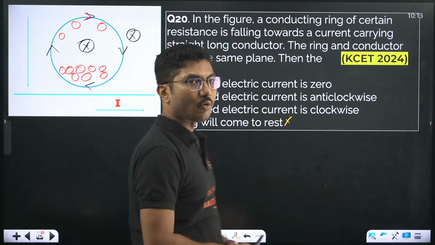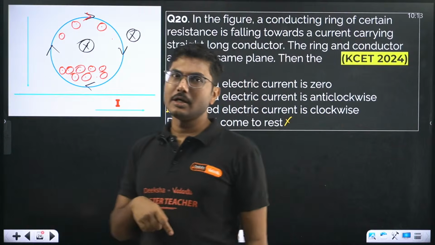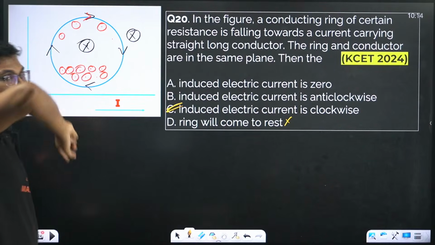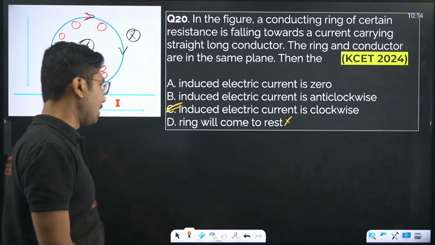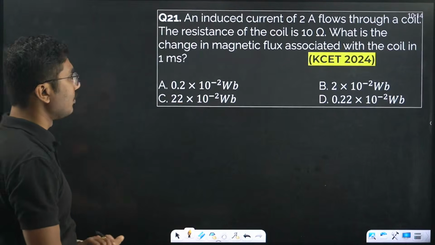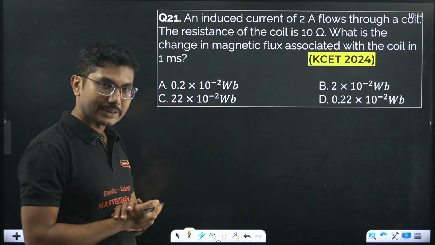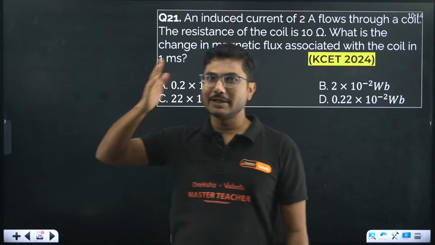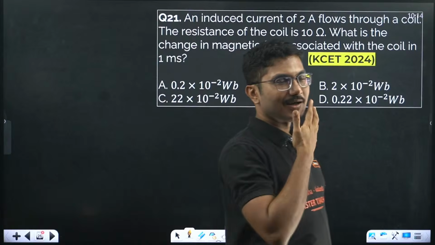Now remember, clockwise means if anything rotates in the clock's direction, it is considered clockwise, like this. If it is rotating in the opposite direction of the clock, it is called anti-clockwise. Clockwise and anti-clockwise are also very confusing for many of you, I know. When I was a student, I used to be confused with clockwise and anti-clockwise. Later on I figured it out. Let us imagine the clock. In the exam hall there is a clock to check the time.